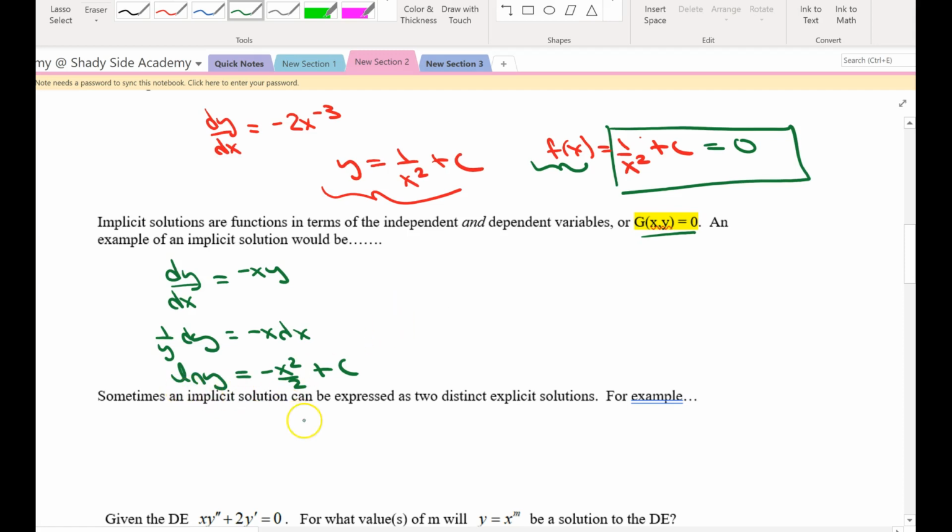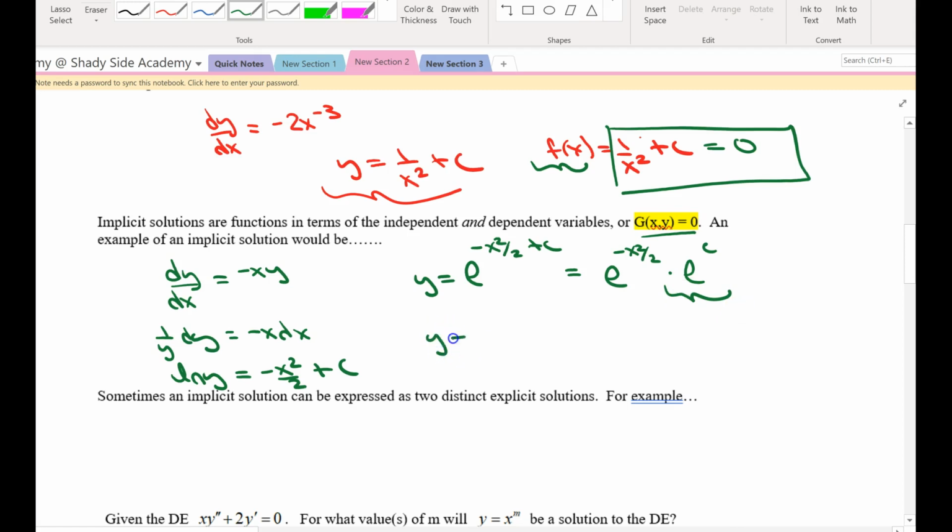I'm going to exponentiate to base e, and I get y equals e to the negative x² over 2 plus c, which I know some of you remember from last year. What happens here is e raised to a power, and where the power is a sum, I can use properties of exponents and rewrite it this way, can't I? And e to the c is just a constant in and of itself.